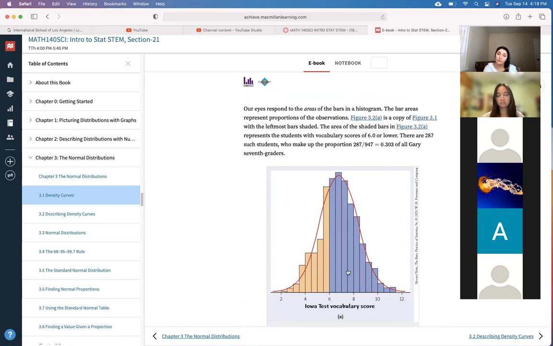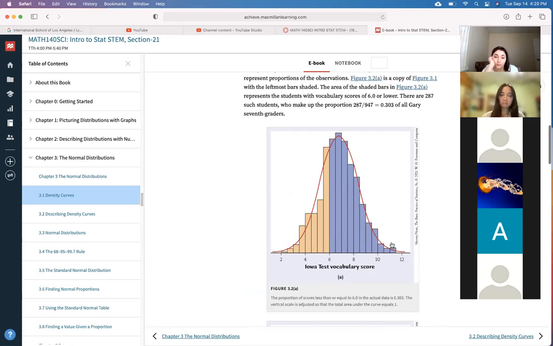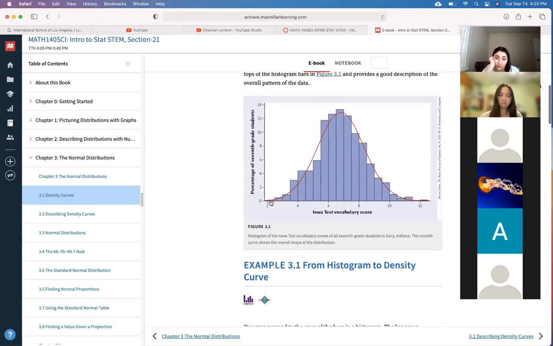So here's essentially the same situation. We still have 2 to 12. This is the same graph, it looks like. It just says the vertical scale is adjusted so that the total area under the curve equals 1. If I add up all the percentages of all of the rectangles of my histogram, it has to add to 1 because every result had to go somewhere, correct?